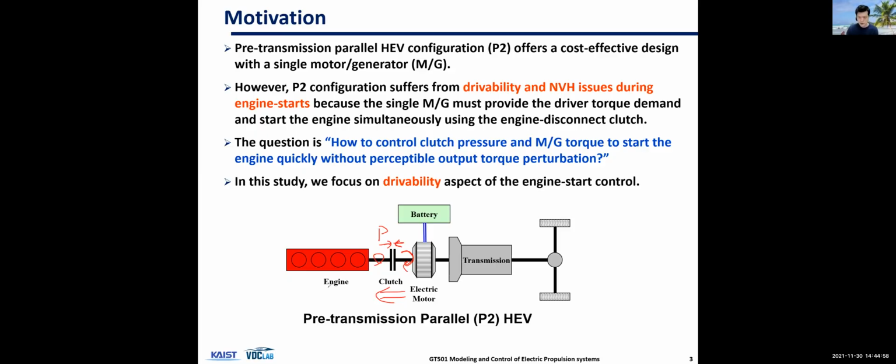So now engine speed will start to ramp up, and eventually it will be synchronized. So speed of this side will be synchronized with speed of this side, and then you can lock up the clutch. Then you're done with engine start, right? And then you can fire and everything.